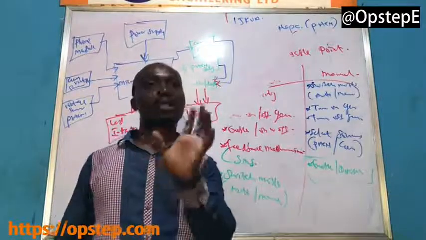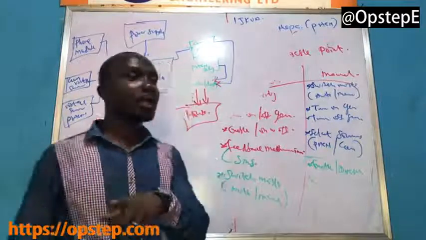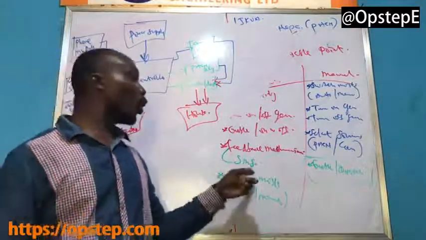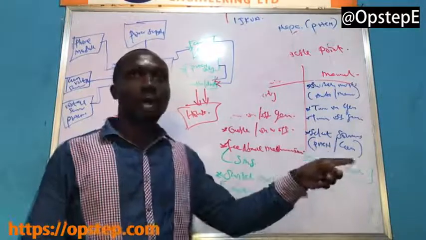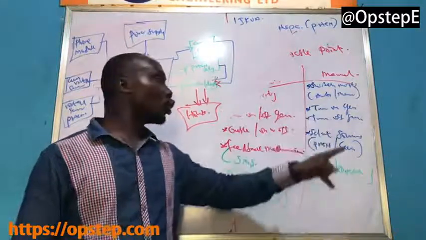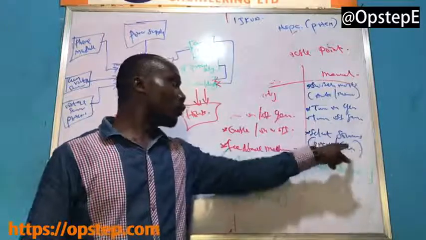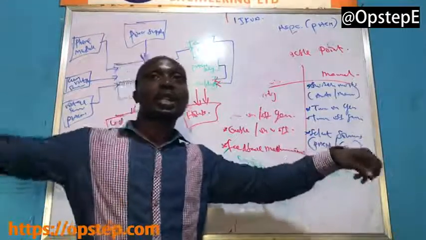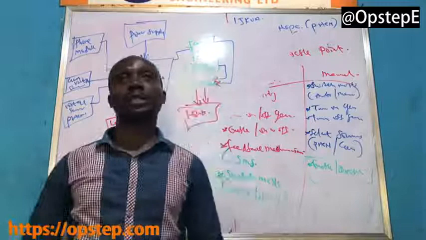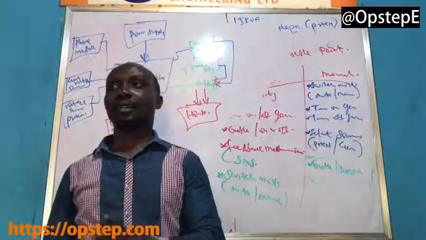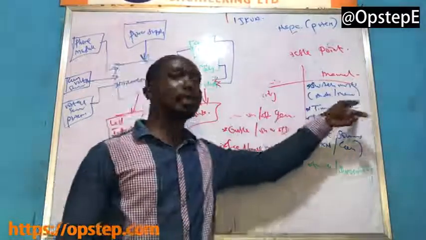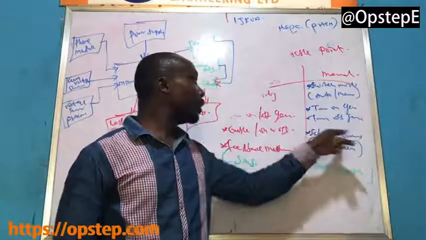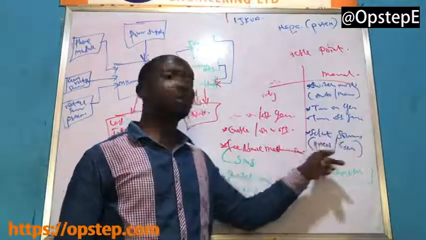Now let me give you a practical example. Please look up. Assuming you switch the mode and now you are in the manual mode, and then you do not turn on the generator. You just switch the load or the source from PHCN to generator, and then you go inside and turn on your fan, waiting for light. It won't come, because you did not turn on the generator before switching the source.